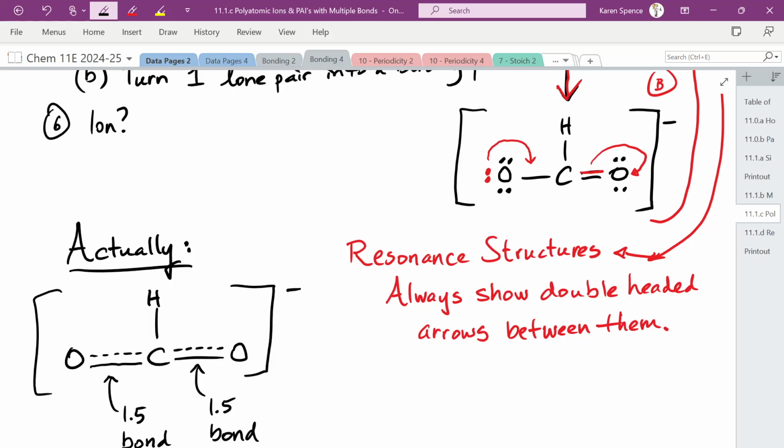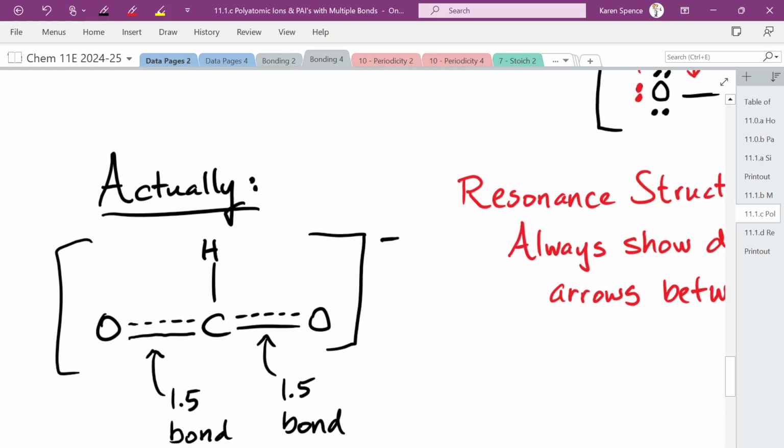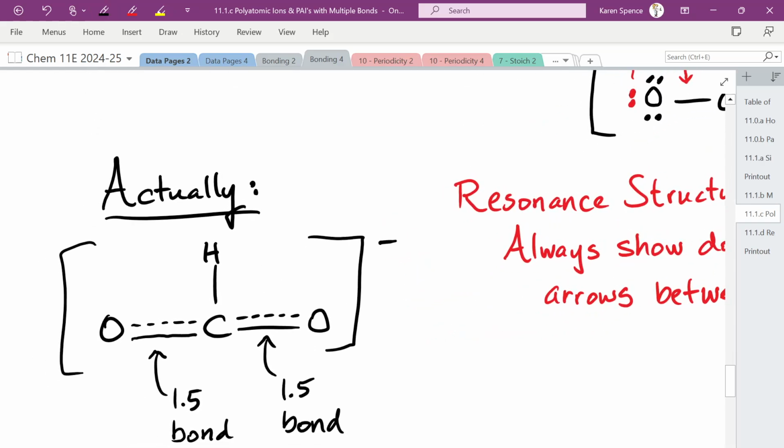And that is it. And we cannot draw lone pairs on the oxygens in this structure because where would we put 2 and where would we put 3? Would it be 2 lone pairs on this one, and this one has 3? We can't. So when we're drawing that kind of structure, we leave it off.